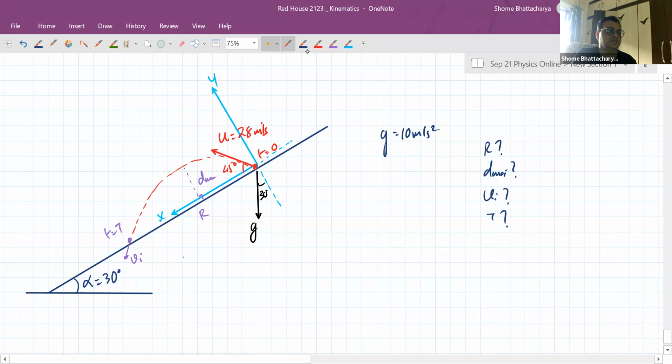This angle is 30, right? So our initial velocity will become u cos, I'll label this angle as beta.